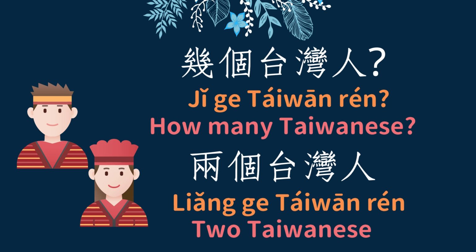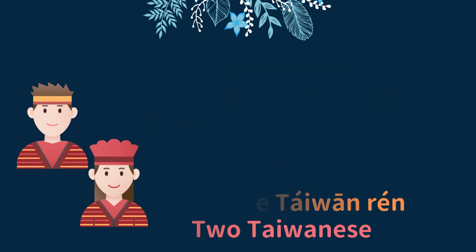We just learned number 2 is 二, right? And why here we use 两?